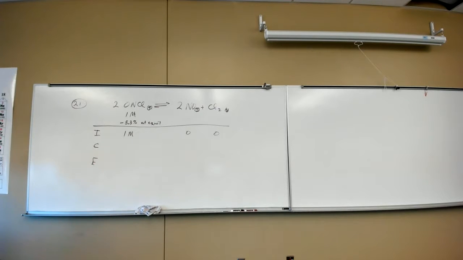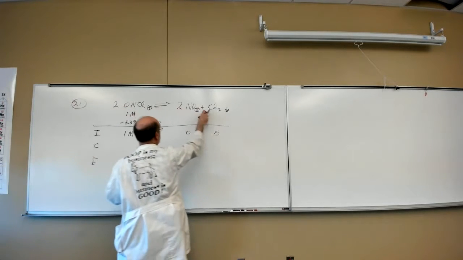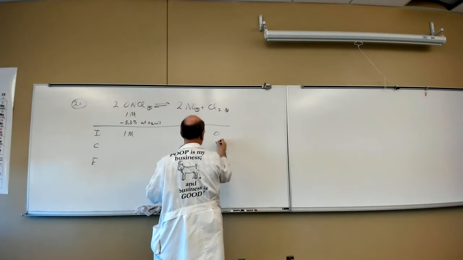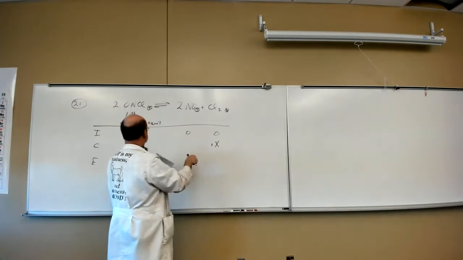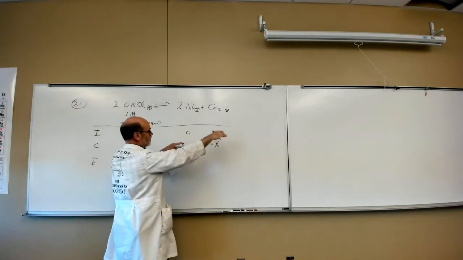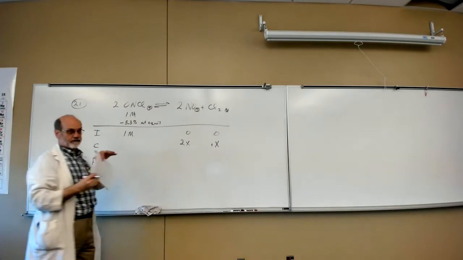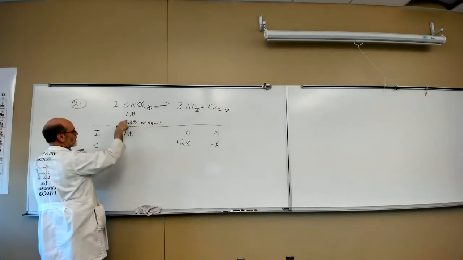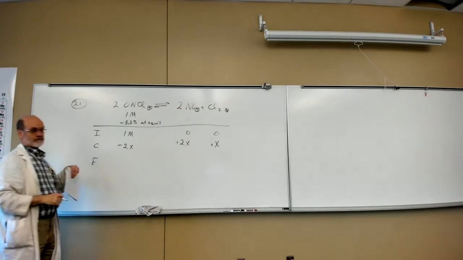Since this is 2, and that's 2, and that's 1, let's make this one X. So we're going to add some X here as this dissociates. But for every one of these X's, we have 2 of these, and for every 2 of those, we have to lose 2 of these.